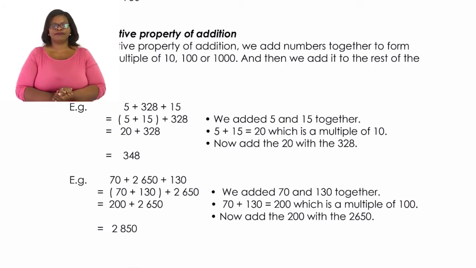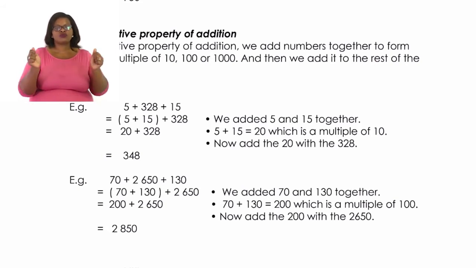So now we want to try another example again. Chanel says yes. So let's try another example. 70 plus 2,650 plus 130. So we have to find numbers which we can group together to either give us a multiple of 10, 100, or 1,000. So we go back to our example and we see, let's group 70 with 130.